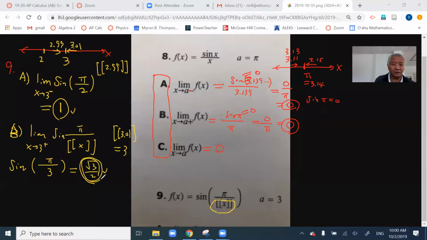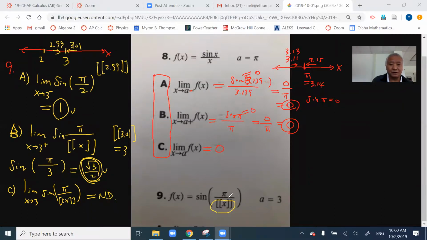If they're not equal, means what? When we go to the c here, the limit as x approaches 3 of sine pi over the greatest integer function of x will be not defined. Okay? And it's not available.